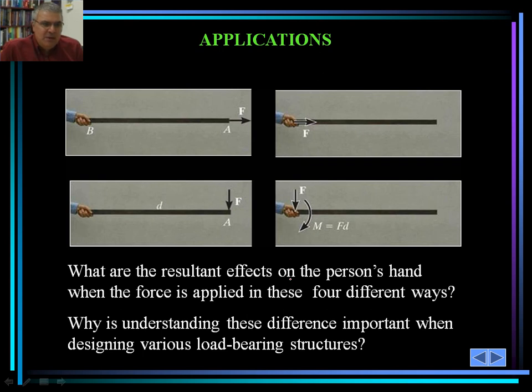If his hand in this case is free to move, there will be no moment induced at the end where he holds it. By the same token, if it is fixed, then there would be a moment at the end of that particular beam caused by the condition of the support.